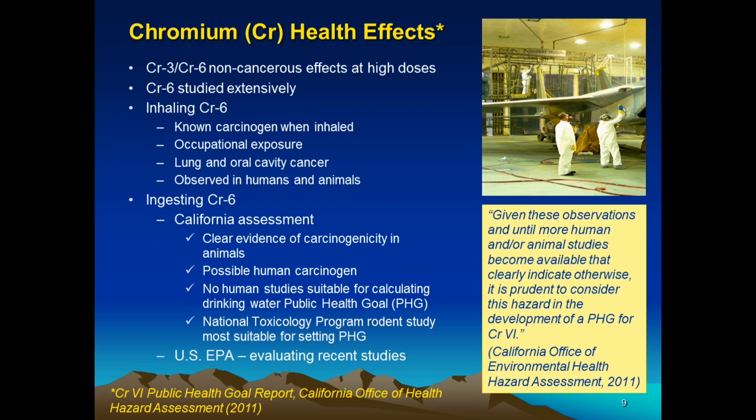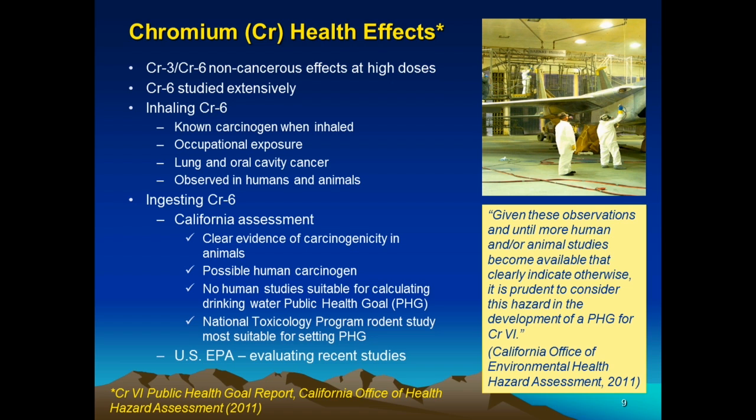So they know lots of data on that. You work in a chromium ore facility, a chrome plating facility, painting facilities. There are lots of occupational exposure studies, hundreds of studies. You get cancer if you ingest that too much. Lung cancer, oral cavity, where the tongues turn yellow, just at these high doses of chromium in the dust. So that's what we know the most about.